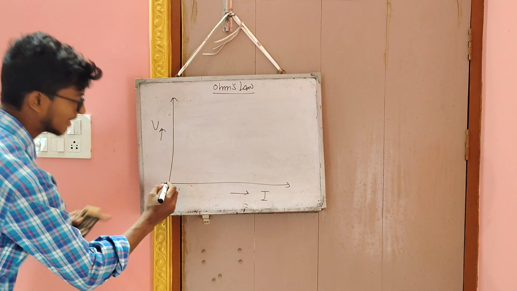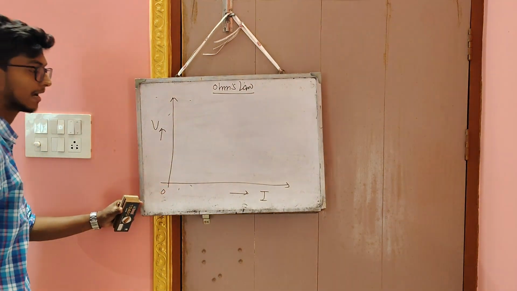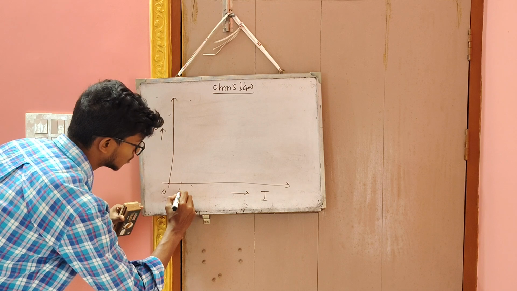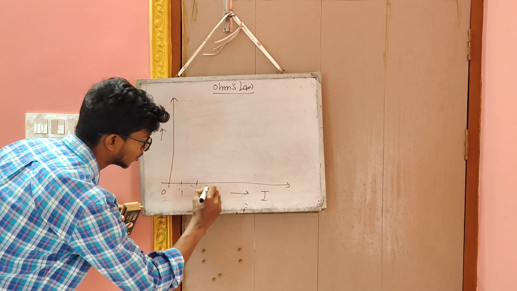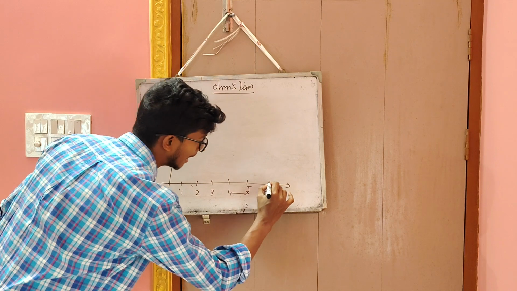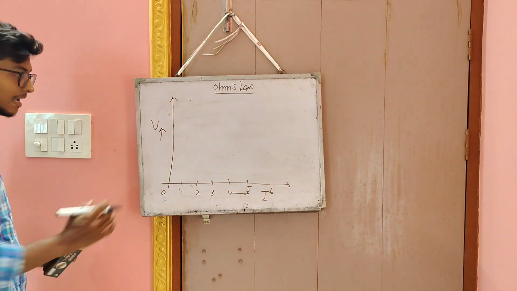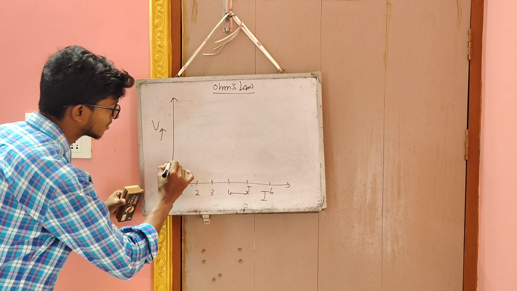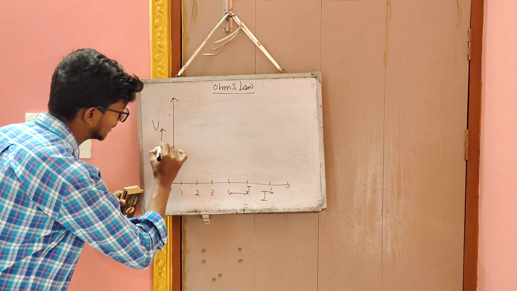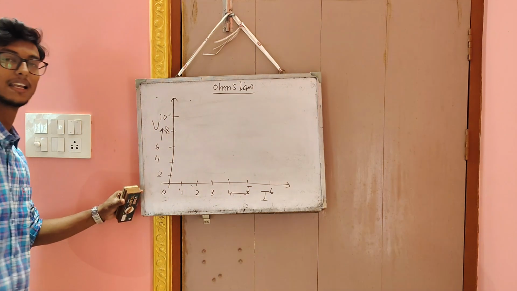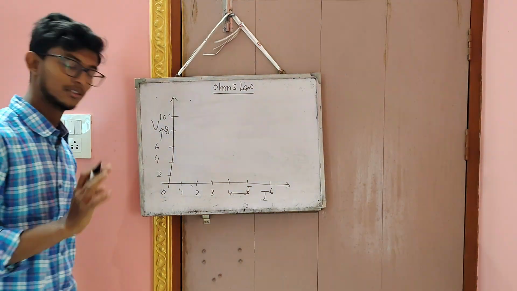Okay, it is the origin, that is 0. Now along the x-axis we put current. Suppose it is 1, 2, 3 ampere, 4 ampere, 5 ampere, and 6 ampere. And along the y-axis the amount of voltage, 2 volt, 4, 6, 8, and 10. Clear? Okay.